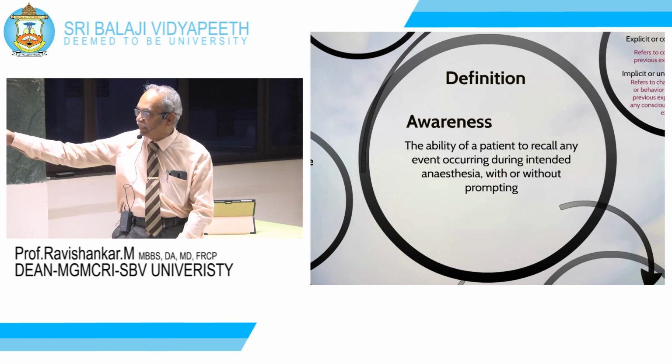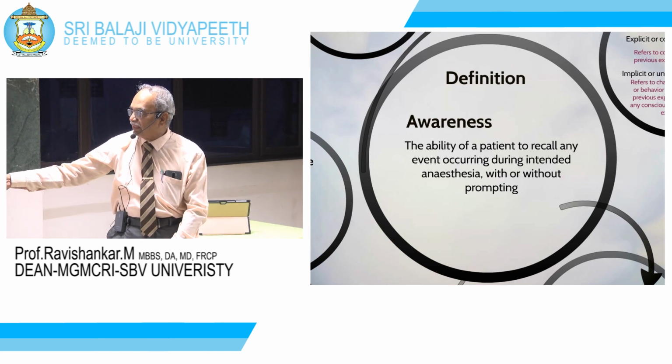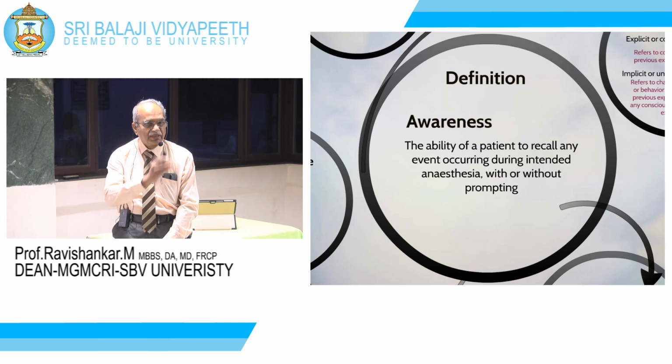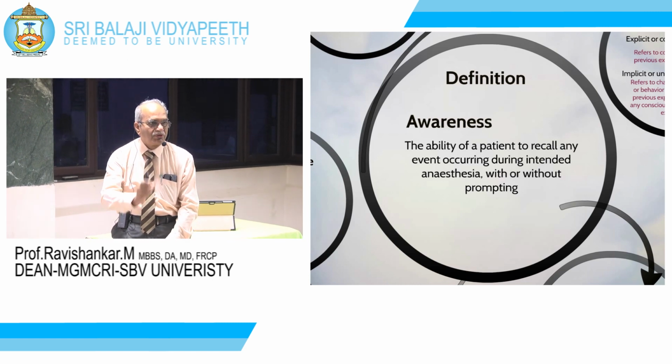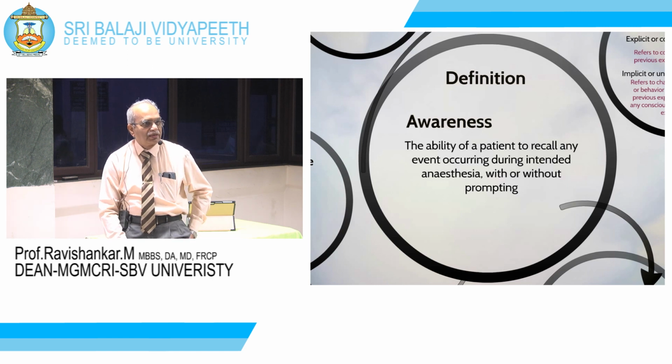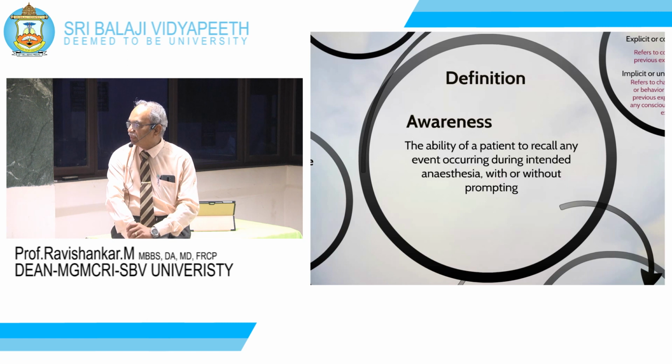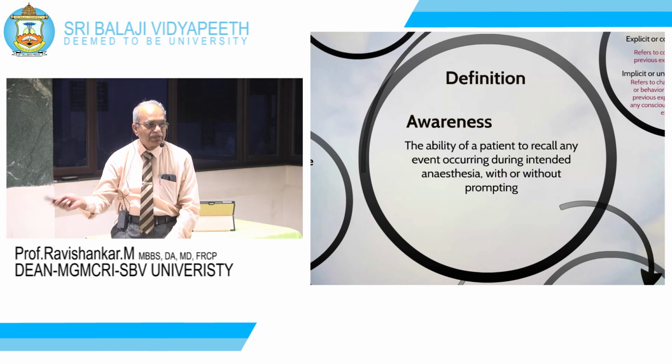You are aware of the surroundings and you are able to recall it with or without prompting. If it happens under anesthesia, then you call it awareness under anesthesia. That is the ability to recall, with or without prompting, whatever event occurred during that period.